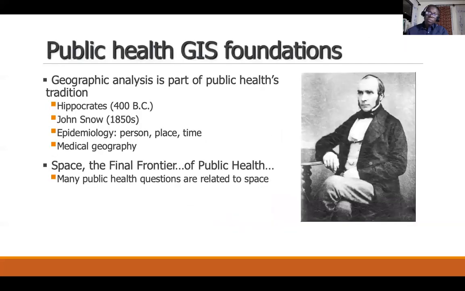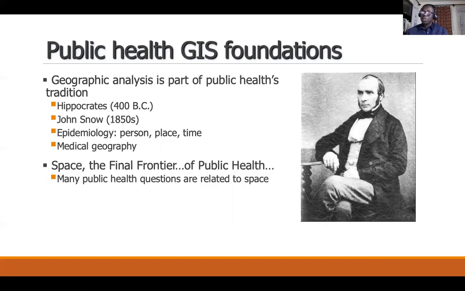I would like to remind you that public health GIS started a long time ago. In fact, geographical analysis is part of public health tradition. We can trace it way back to 400 BC during the time of Hippocrates.